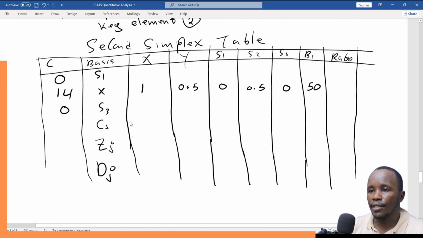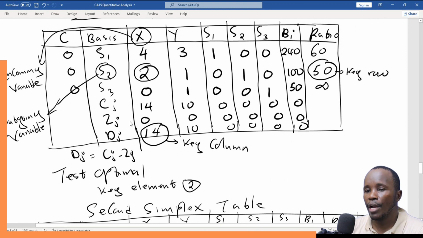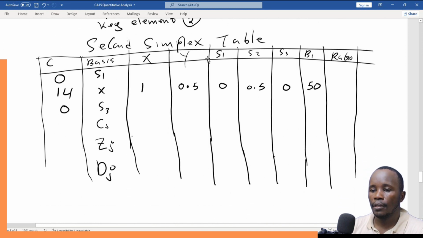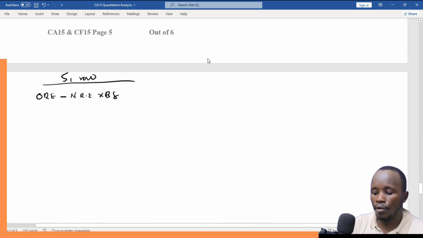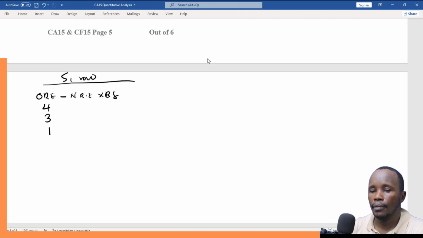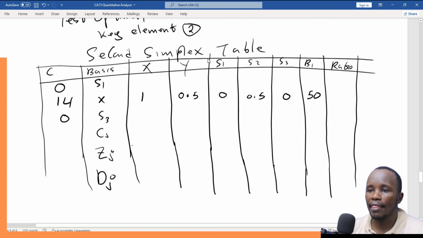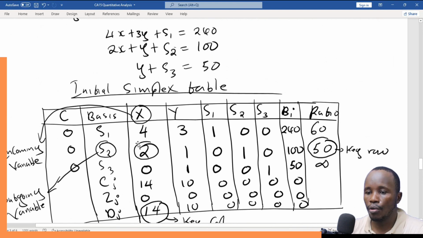Old row elements are the ones in our table number 1, S1: 4, 3, 1.